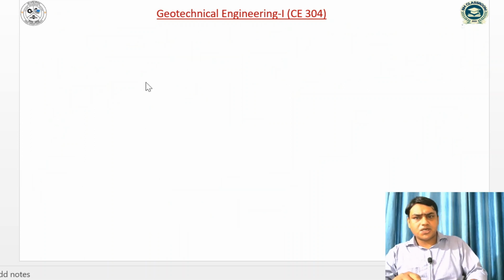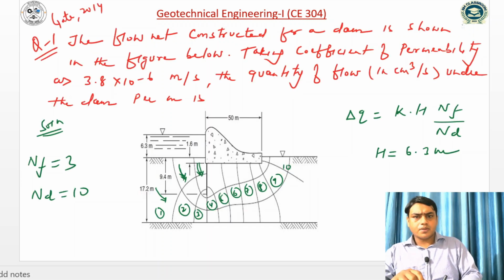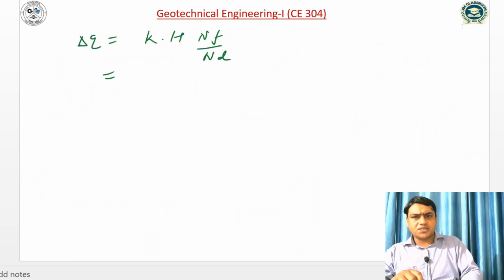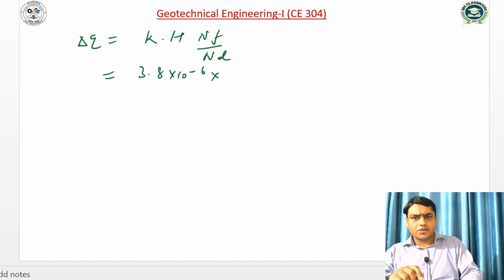The seepage discharge can be computed as delta Q is equal to K into H into NF by ND. The value of K is given as 3.8 into 10 to the power minus 6, into H, which is 6.3 meter, into NF which is 3, divided by 10.